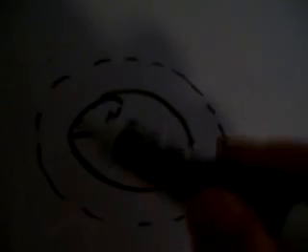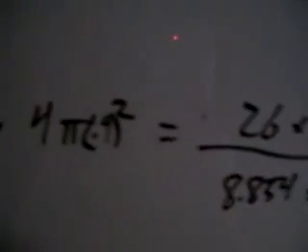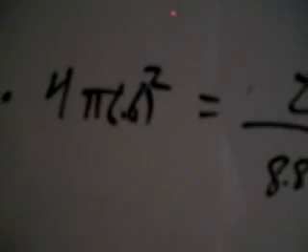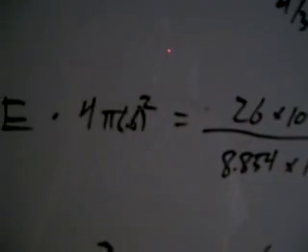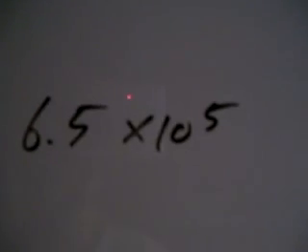The charge inside is still just the total charge of this charged sphere, which is 26 microcoulombs. So we can use the exact same thing again, but now we'll just change r to 0.6. If we do that math and punch it into the calculator, it comes up to be about 6.5 times 10 to the 5th.